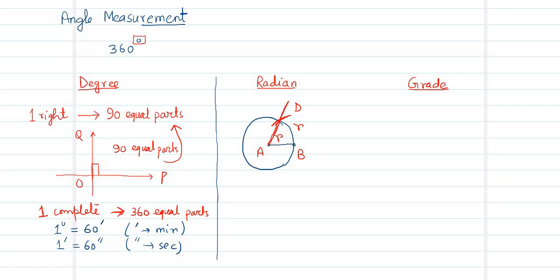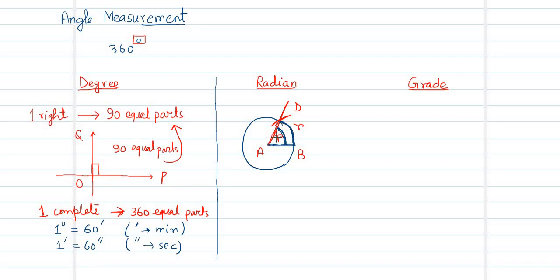The angle DAB is now known as 1 radian. That means if an arc equal to the radius of the circle is cut, then the angle made at the center of the circle is known as 1 radian, because AB is the radius and the length of arc BD is also equal to r.